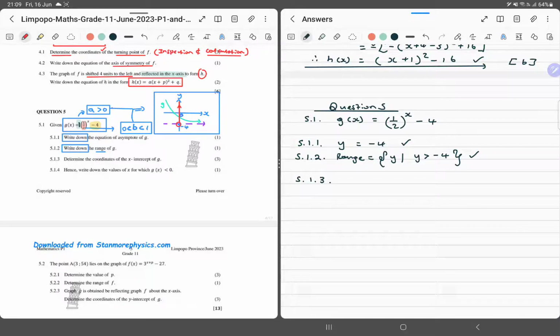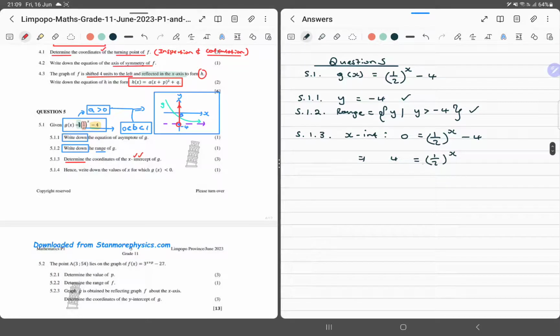Again. So 5.1.3. It says now determine the coordinates of the x-intercept of g. Obviously, this one will have to do by calculation. We can't do inspection. So what do we know? We know that for the x-intercept, it is such that 0 is equal to 1 over 2 to the exponent x minus 4, right? Now we can transpose the -4 to the other side. It becomes positive, equals a half to the exponent x.